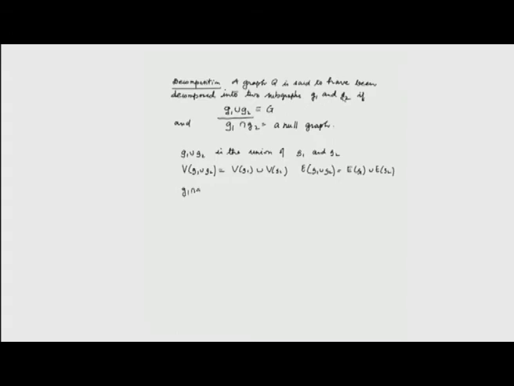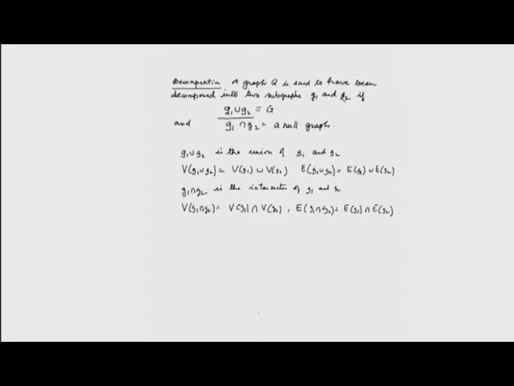Similarly, G1 intersection G2 is the intersection of G1 and G2. So, V of G1 intersection G2 is V of G1 intersection V of G2, and E of G1 intersection G2 is E of G1 intersection E of G2.